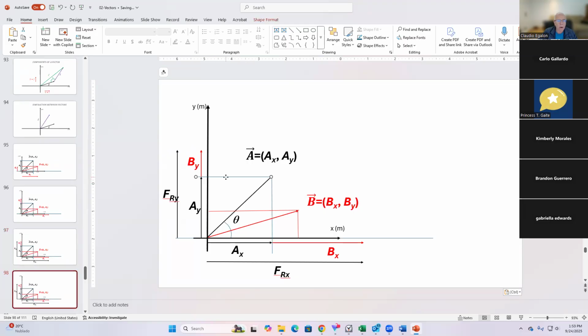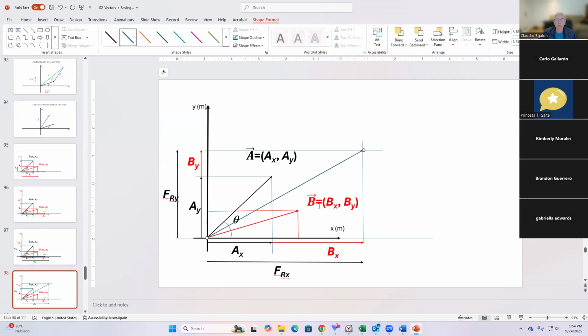Let me display the resulting component. Here you go. And this other one. Like that. And I'm going to draw the resulting vector.